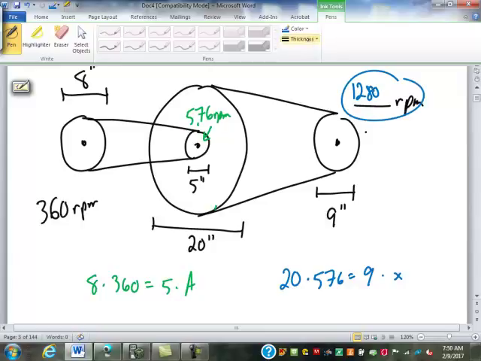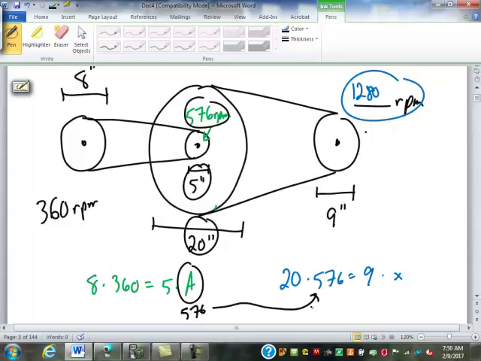Good deal. These are on the same shaft, so the 5-inch and the 20-inch have to be moving the same speed, the 576. So that's why we just took what we got for A here, which is the 576, and plugged that in with the 20.